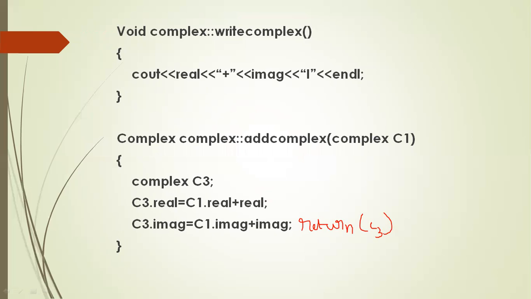Because after adding those two complex numbers, the return type is of complex type, meaning the returned object is C3. So at the end, before closing the function add complex, you write return C3.